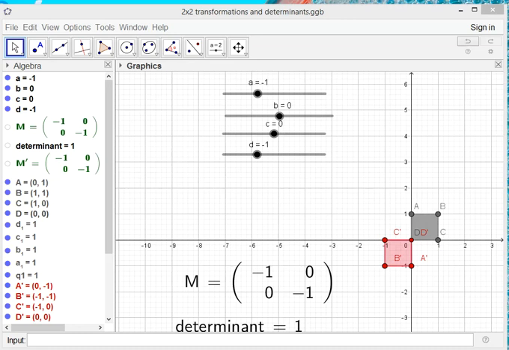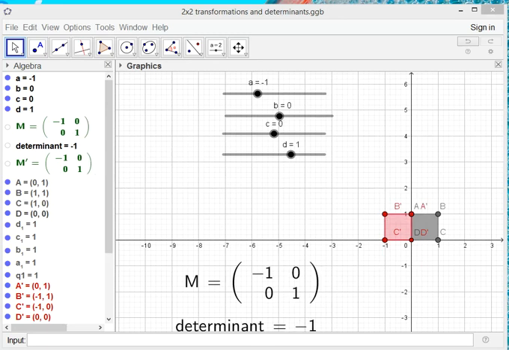If we consider a rotation of 180 degrees, again the determinant is positive, plus 1, and the order A, B, C, D is the same orientation as A', B', C', D'. You should try this GeoGebra program and a number of other rotations to convince yourselves, but you will find that the determinant is always positive and that the orientation of the vertices is not altered under rotations.